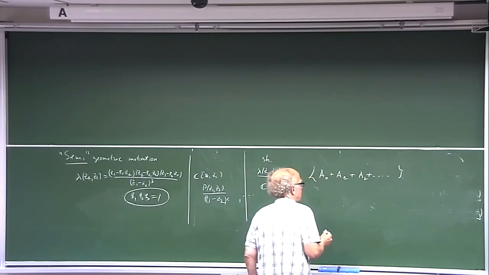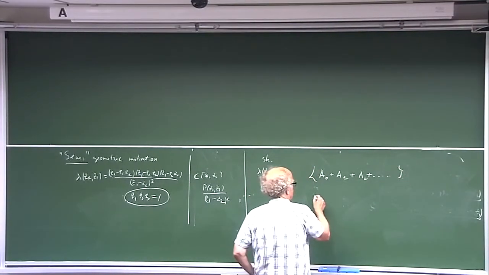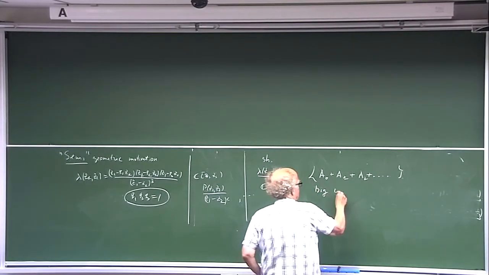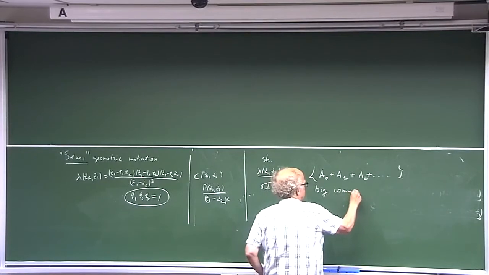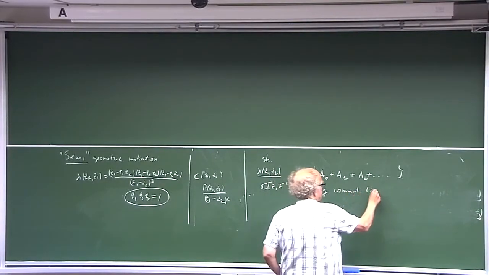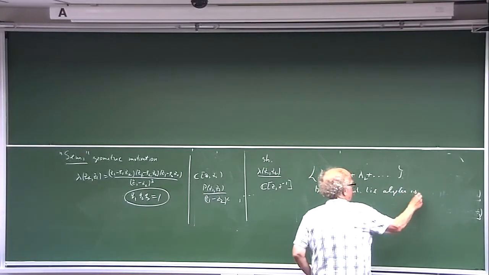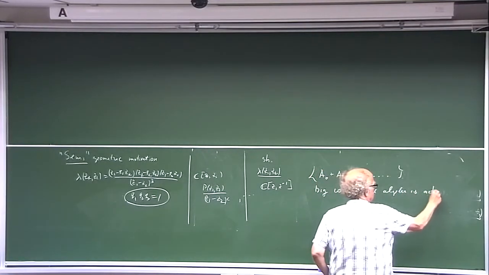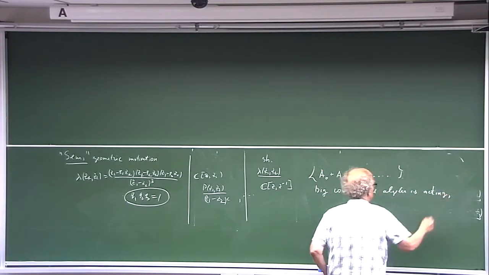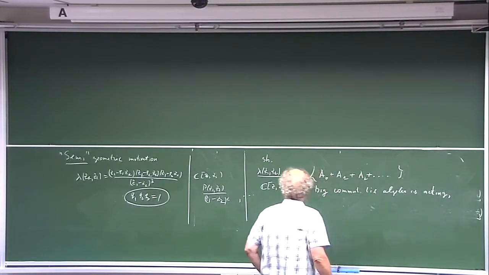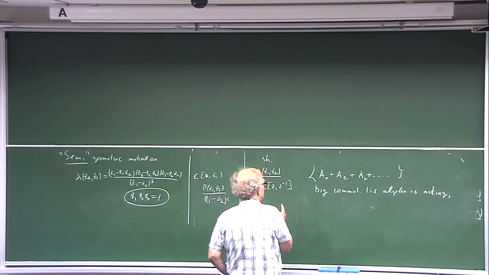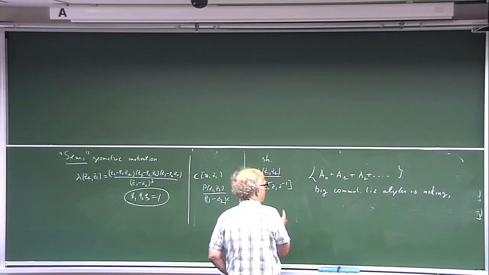Then on this shuffle algebra, we have a big commutative Lie algebra, call it F. In this case, the action is the following.